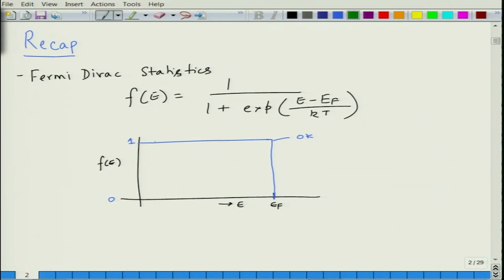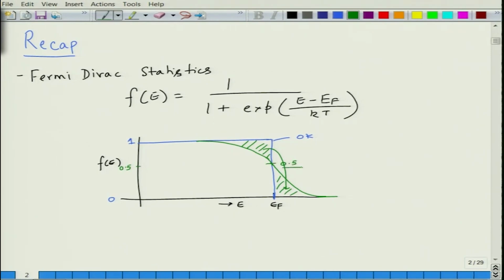As you increase the temperature, it leads to some electrons crossing from this side. So these are the electrons which have crossed from this side, they have gone over here. Okay, so these two areas are equal and this is 0.5.